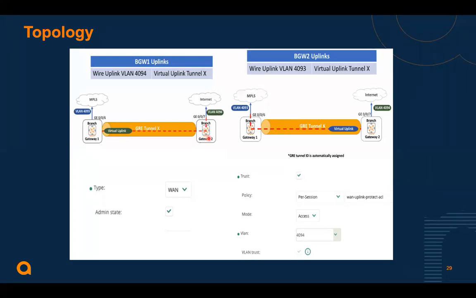But to do so, we do have a set of criteria or conditions that need to be met: the uplink should be a WAN link on both ends, both uplinks should be on different VLANs, and it should be trusted. So these are the conditions that need to be taken care of to achieve branch gateway redundancy.